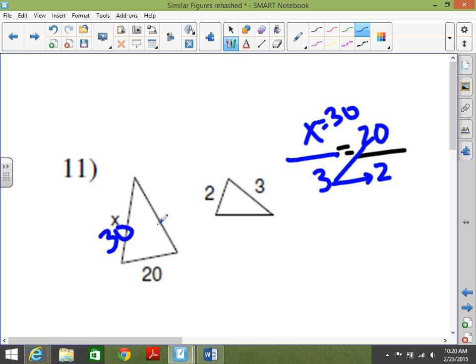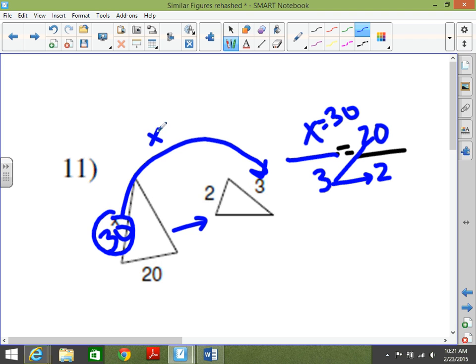Now, did the shape shrink this time? Yeah. It got smaller, didn't it? So when I say 30 times what gives us 3? 30 times what equals 3?